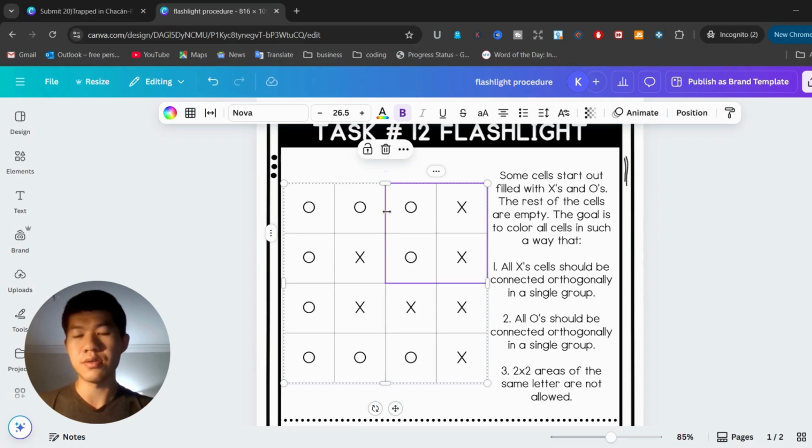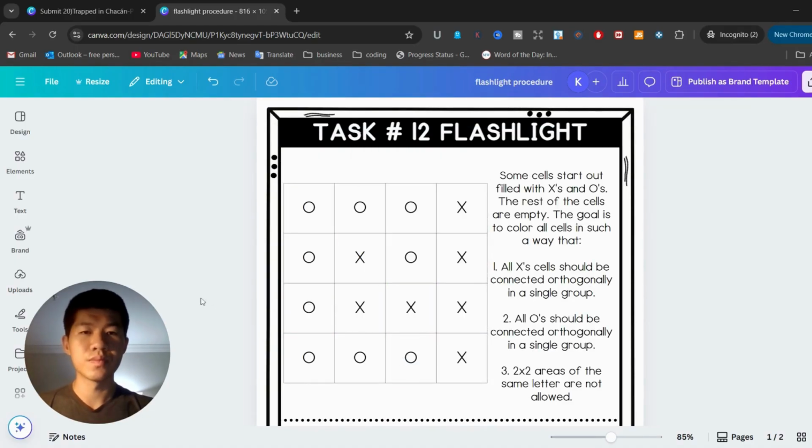Like this 2 by 2 grid here, not all of them are the same letters. Same with this 2 by 2 grid, this 2 by 2 grid, and so on for each remaining 2 by 2 grid.